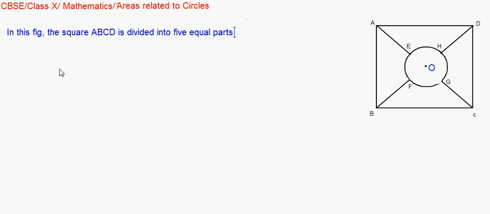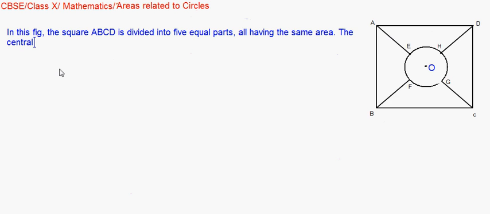That means the center and the rest of the 4 parts are all equal, all having the same area. The central part, I just overlapped on it. I'll move my writing below.